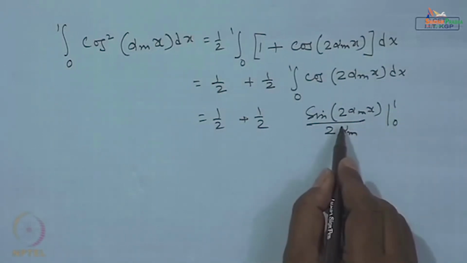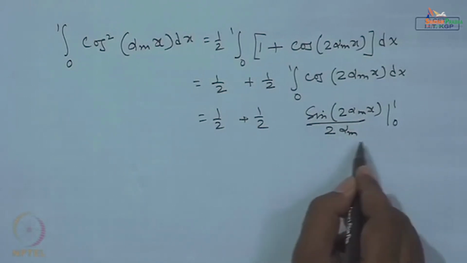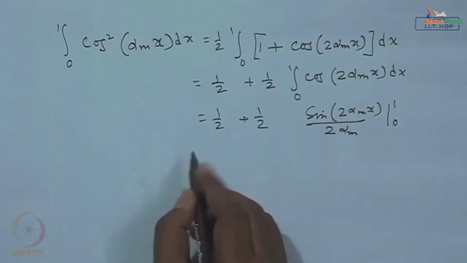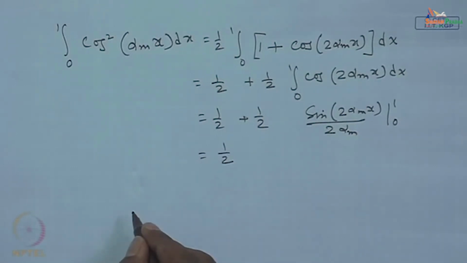So, sine 2 alpha m is nothing but 0, and sine 0 is also 0. So, you will be getting half. So, the integral of cos square alpha m x dx is also half. Okay.